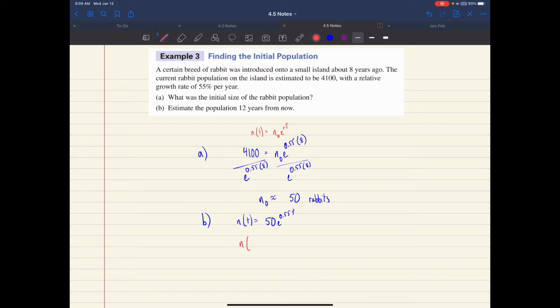So this would be N of 12 plus 8, so 20. So we'd have 50 times e to the 0.55 times 20. And these are calculator problems, and then we estimate. So this would be approximately 2,993,707. And this is rabbits.